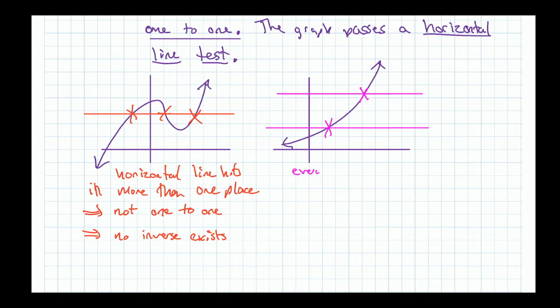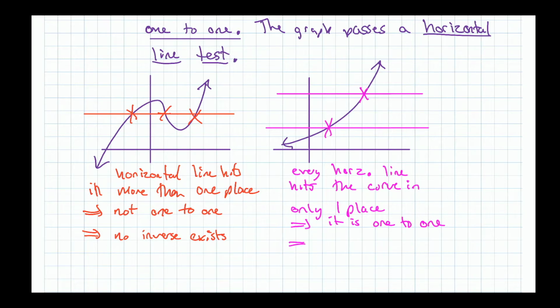So every horizontal line hits the curve in only one place. That means it is 1 to 1. That means it has an inverse. Okay, so that's great.